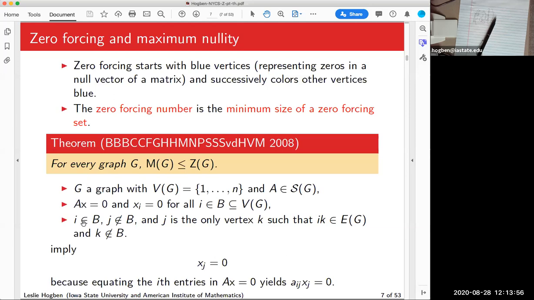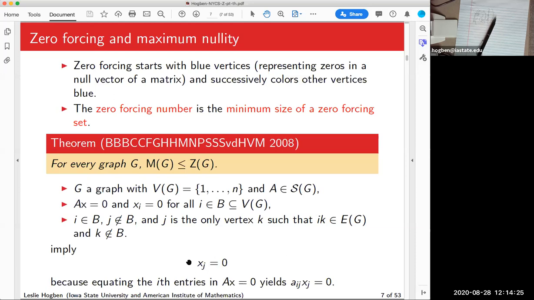Then we have an i in the blue set such that there is a j that's not in B, meaning we don't yet know that coordinate is 0, and j is the only neighbor of i that has that property. Together, this implies that x_j must be 0 because we look at the ith coordinate equation.